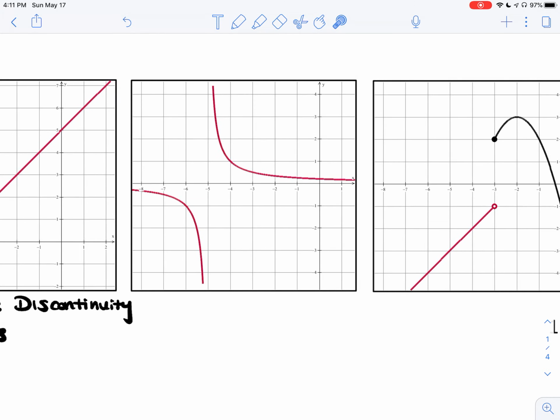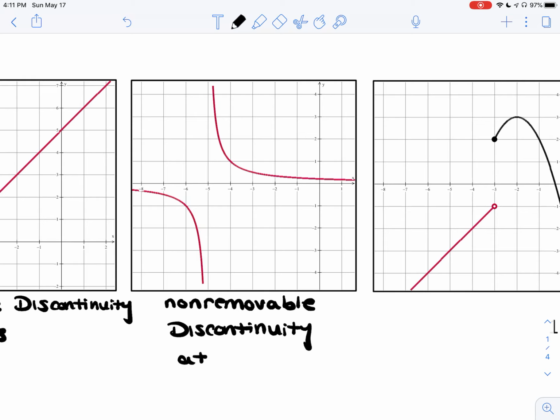Our next one, we can see that this time we have this vertical asymptote at x equals -5. That's going to be an example of a non-removable discontinuity, at x equals -5, where we have that vertical asymptote.